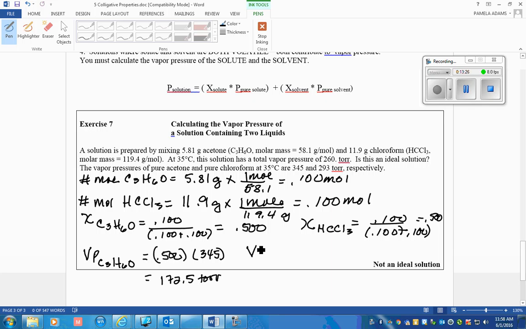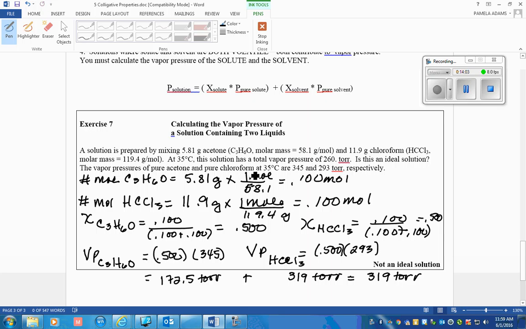And then the vapor pressure of the chloroform is equal to its mole fraction, also 0.5, times the vapor pressure of the pure, 293, and that will be equal to 146.5 torr. Together, they make up the vapor pressure of this solution, and the vapor pressure of this solution ideally is 319 torr.